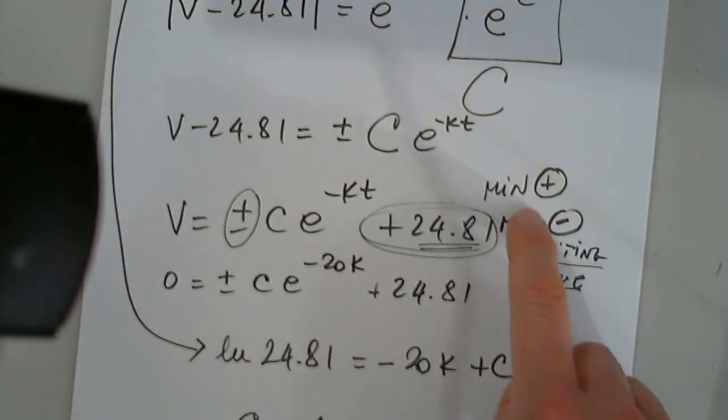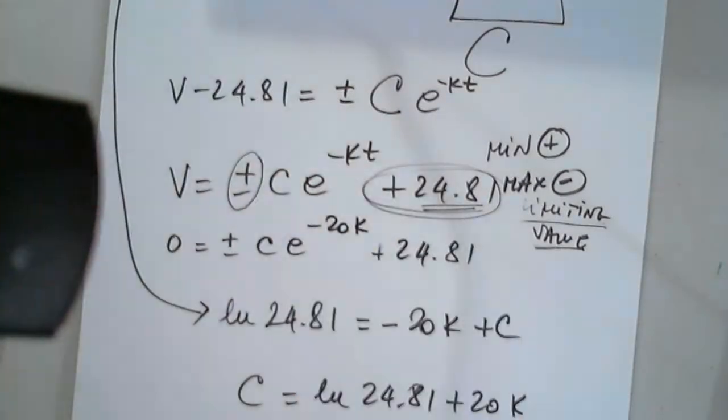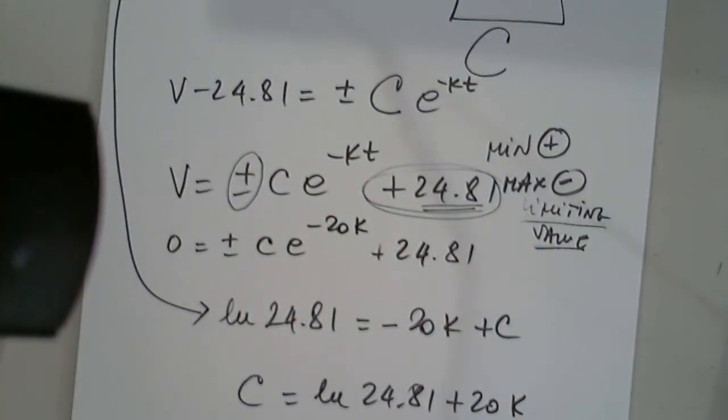We have to go back and check what this 24.81 represented, if it represents the maximum or the minimum value, so that we know which one to pick. Is that okay?